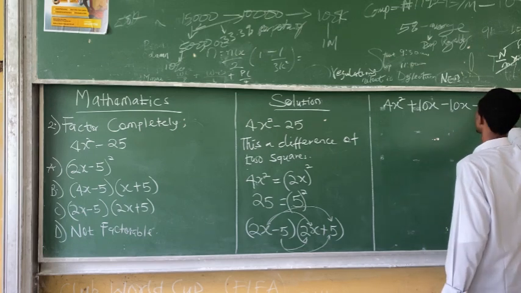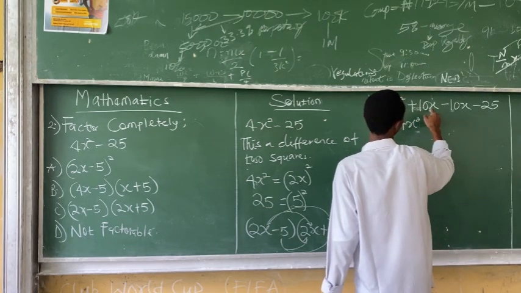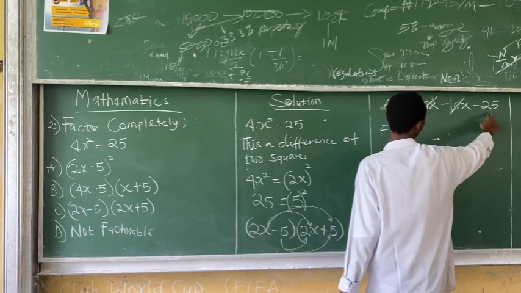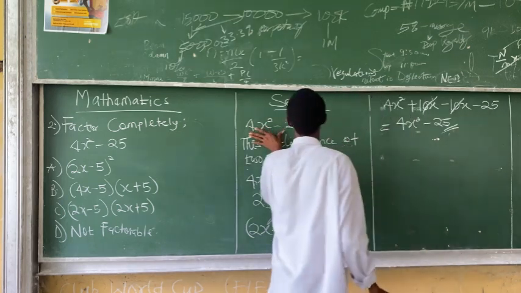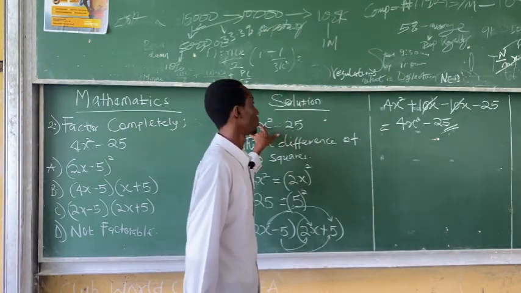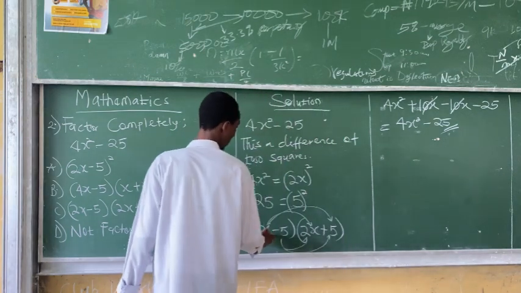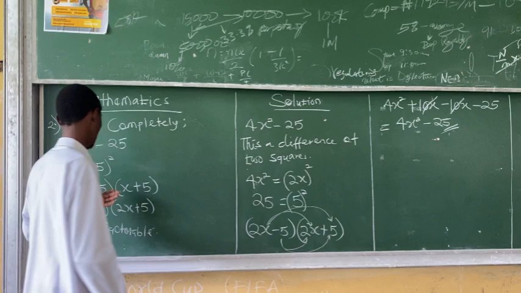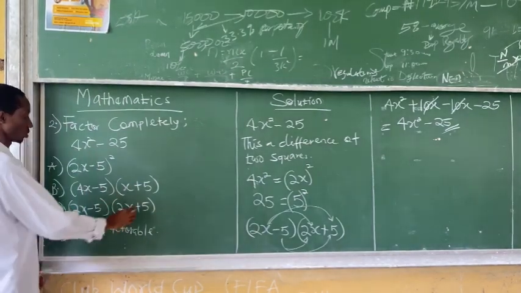Minus 25. This is the same thing as 4x squared minus 10x plus 10x. They cancel out. So we are left with what? Minus 25. This was what was given to us in the question. So our correct option here is 2x minus 5 into 2x plus 5, which is option C. Therefore, our correct answer here is what? Option C.